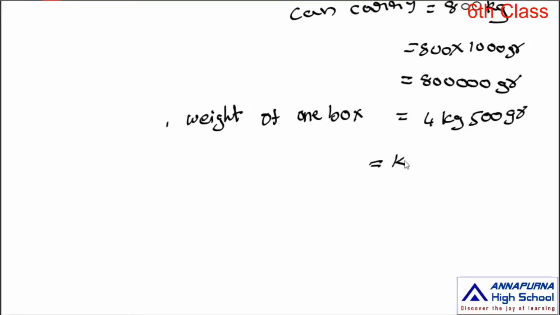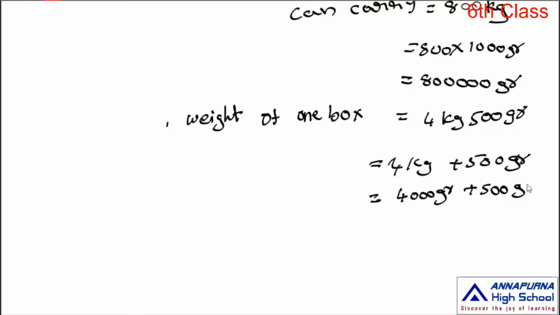This can be written as 4 kilograms plus 500 grams. 4 kilograms can be written as 4000 grams because 1 kilogram is equal to 1000 grams. 4 into 1000, 4000 grams plus 500 grams. 4000 plus 500, 4500 grams. We add those two, the result comes 4500 grams.